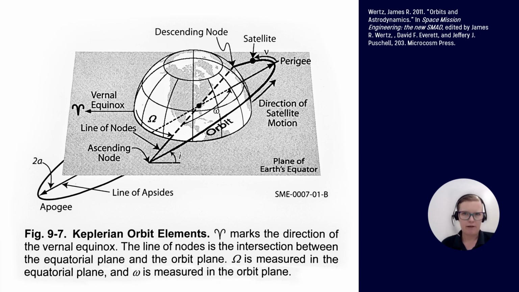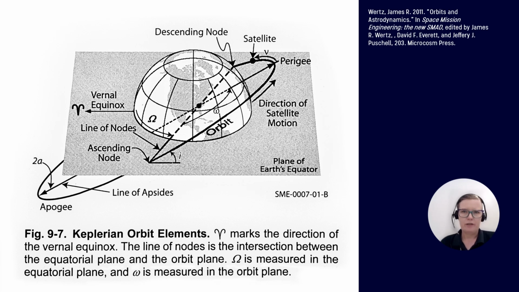So the right ascension of the ascending node on this diagram is shown as capital omega, and that's the angle between the vernal equinox direction, so that line we drew and left there, and the ascending node of our orbit, when our spacecraft goes up through the equator in the ascending direction from the southern hemisphere to the northern hemisphere. So that point's called the ascending node, and it's measured relative to the vernal equinox direction.